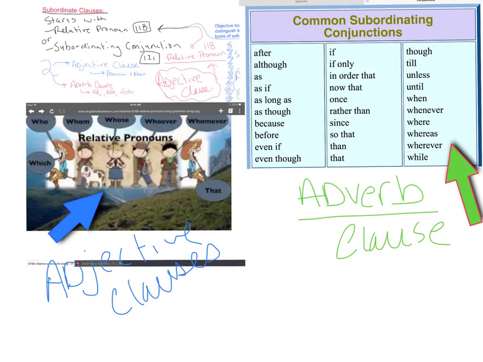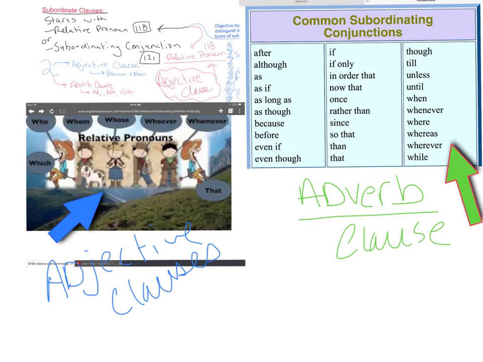So it's really simple. Now, one of the things I want you to notice: we've added two new words, whoever and whomever, to the relative pronouns. These aren't used very often, but they can be used at times. So don't just focus on page 118. Notice those are here: who, whom, whose, which, that. Those five are there, but we've added those two that can be used at times.